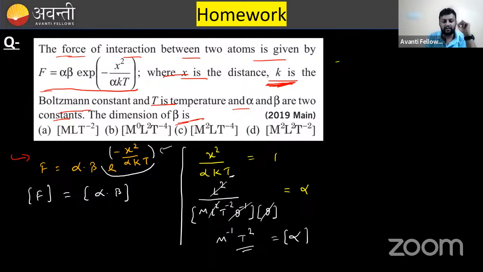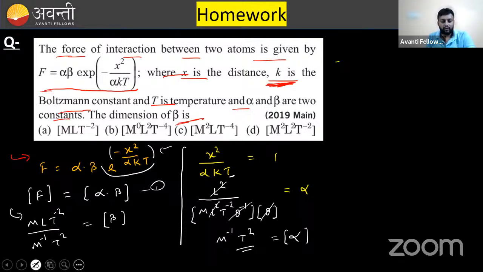Now put this value of alpha in the equation like this. Force has a dimension M L T minus 2, divided by alpha, which has a dimension M minus 1 T square. This is the dimension of beta. So what you can see here, it will become M square L T minus 4.